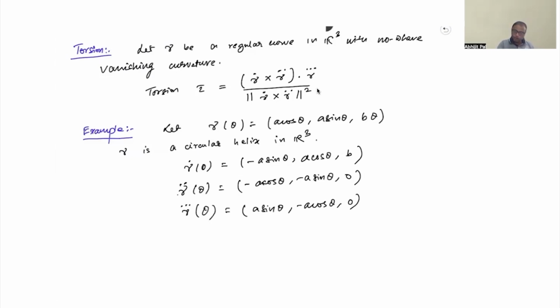Now from this formula, you'll get tau equal to b divided by a squared plus b squared.